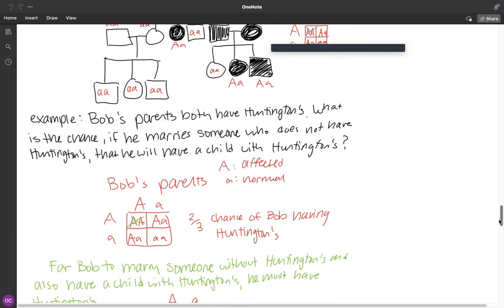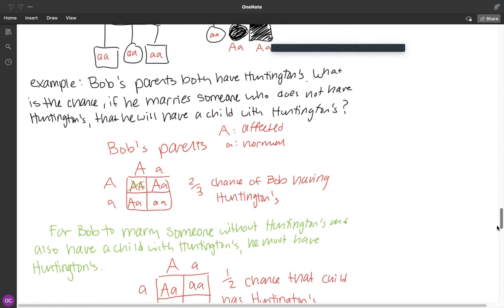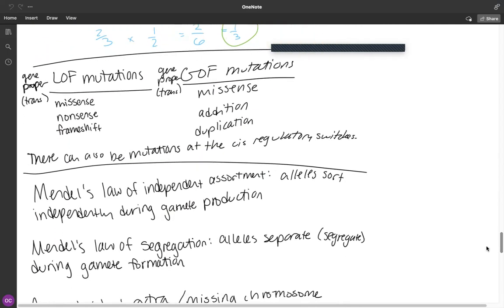And since he's marrying somebody who doesn't have Huntington's, they would be homozygous recessive. So yeah, it's just kind of like a process of elimination. For him to have the potential to have a child with Huntington's, he would have to be also affected.